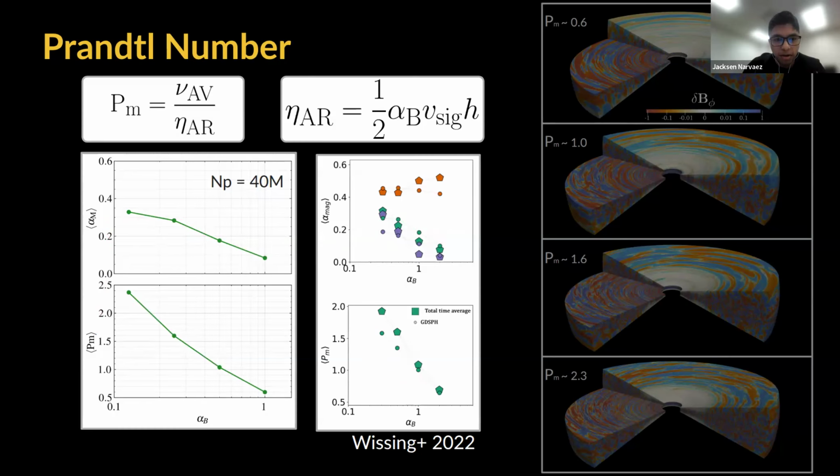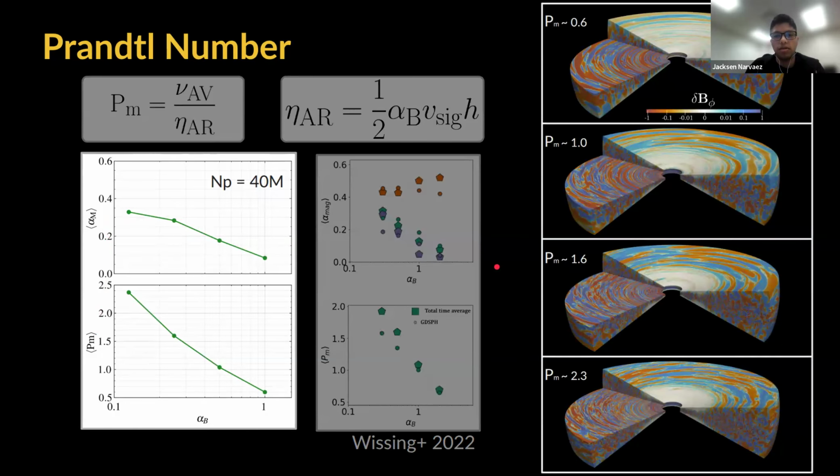Now, if we compare the evolution of the magnetic turbulence with respect to the Prandtl number, here I'm showing snapshots of the magnetic turbulence, the turbulent component of the toroidal magnetic field. So we see that for Prandtl numbers lower than 0.5, there is not that much magnetic turbulence, especially here in the corona of the disk.